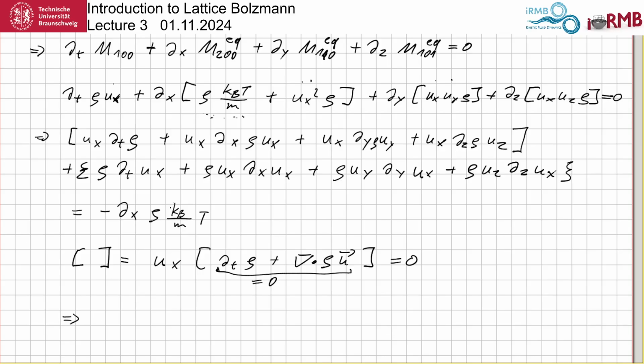So the rest that we have has rho everywhere in front, so we can write rho outside, rho d_t u_x, and now we can put everything else together as rho vector u scalar product with nabla u_x, yeah, because we always have the derivative of u_x, and this is equal to minus d_x rho Boltzmann constant by mass T.